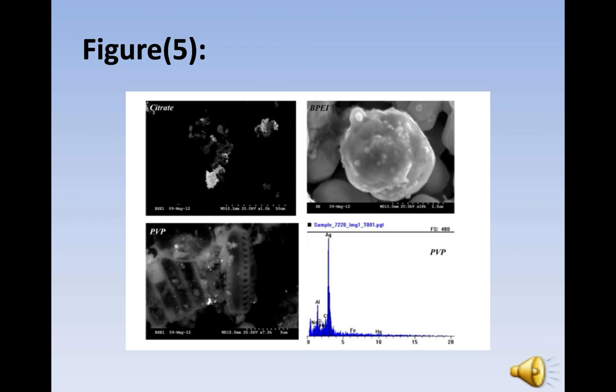This figure shows the attachment of the AgNPs on the larger aggregates. So the big particles are colloids in water and the small shiny particles are attached AgNPs.